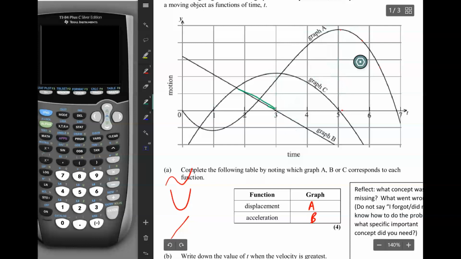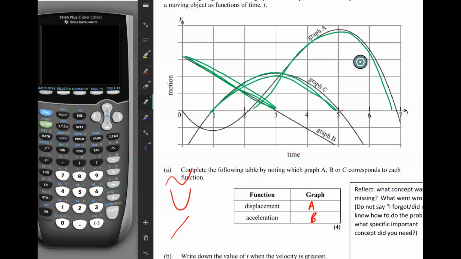So if I look at the positive parts of the line, it's here. If I look at the positive parts of the cubic, it's here. And if I look at the positive parts of the parabola, it's here. Okay, so does the positive part of the quadratic correspond to any other graph going up?